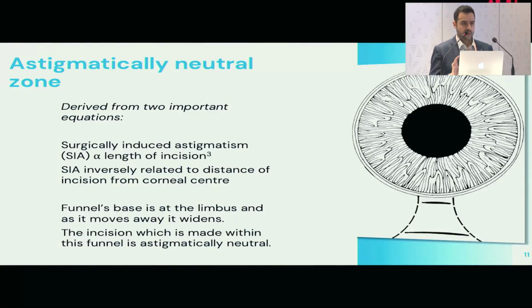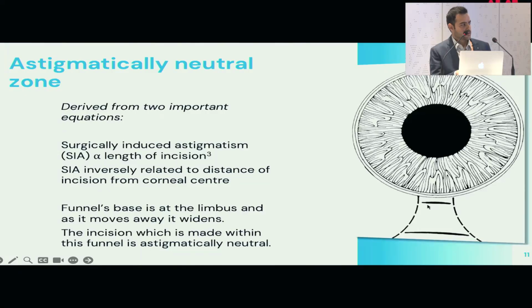So what is the astigmatically neutral zone? This was described by Koch, who described that surgically induced astigmatism was inversely related to the distance of the incision from the corneal center. The funnel's base is at the limbus, which is here, and it moves away as it widens. The incision which is made within the funnel is usually astigmatically neutral.